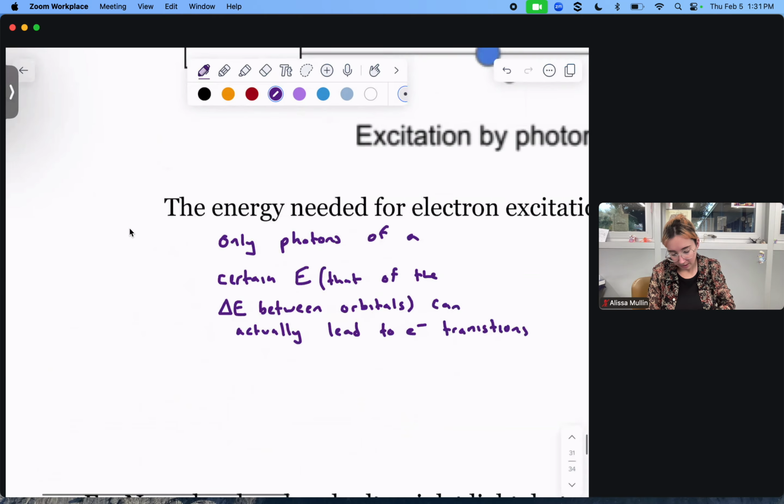So let's think about this. What is happening when we're absorbing UV and when we're absorbing visible? In both cases, both of those types of radiation cause electron jumps, electron transitions.